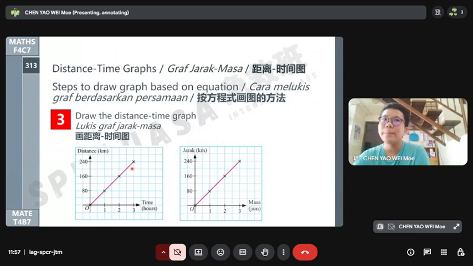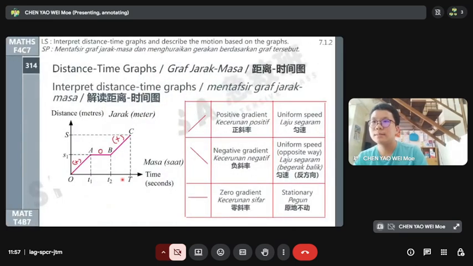We can interpret distance time graph by using this table. When we say the line has a positive gradient, it is called uniform speed. If the gradient is negative, we call it the opposite way, uniform speed, opposite way.